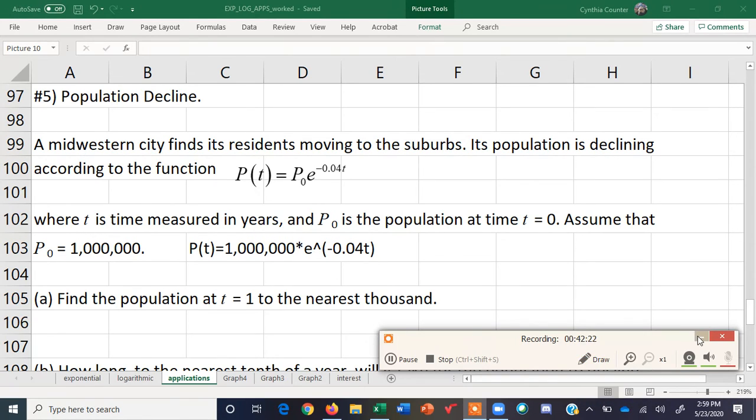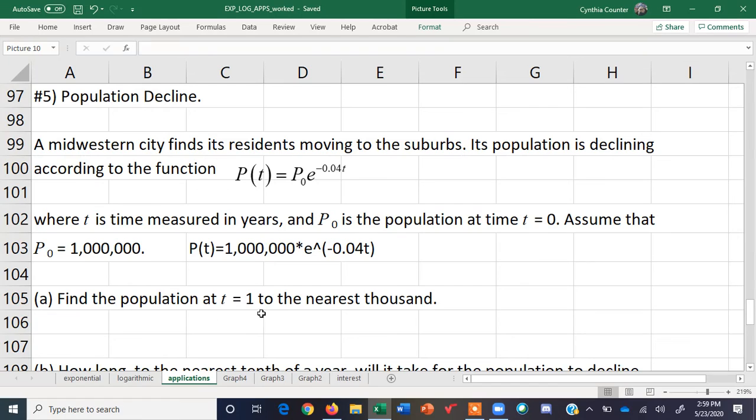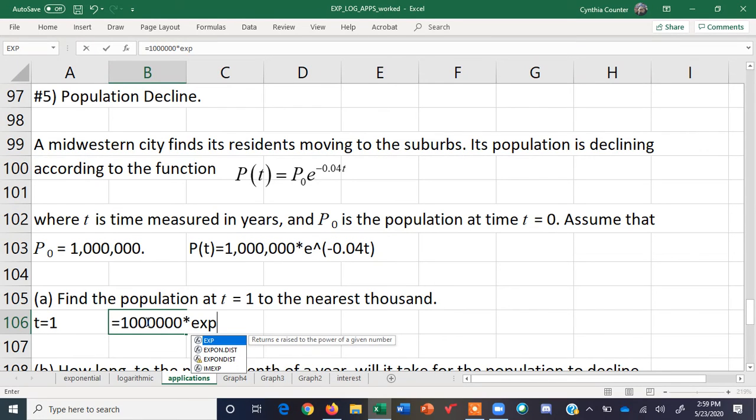Let's find the population at t equals 1 to the nearest 1,000. So for t equals 1, we have 1,000,000 times e to the power, so exponential, to the power negative 0.04 times 1. 0.04 times 1 is just t, but I'll go ahead and do the times 1.